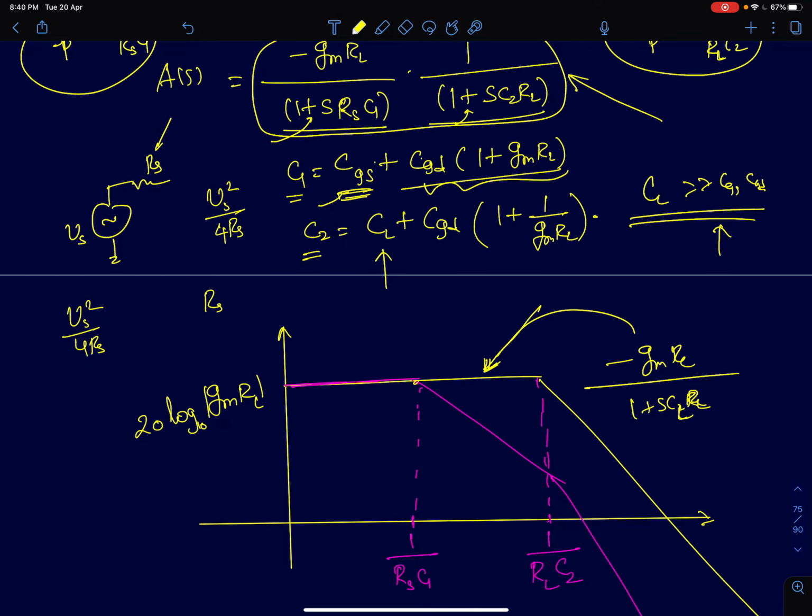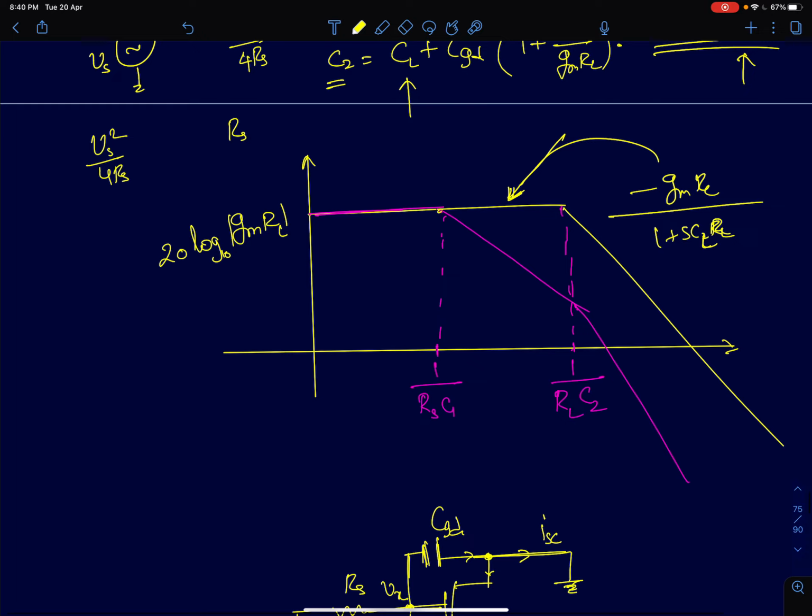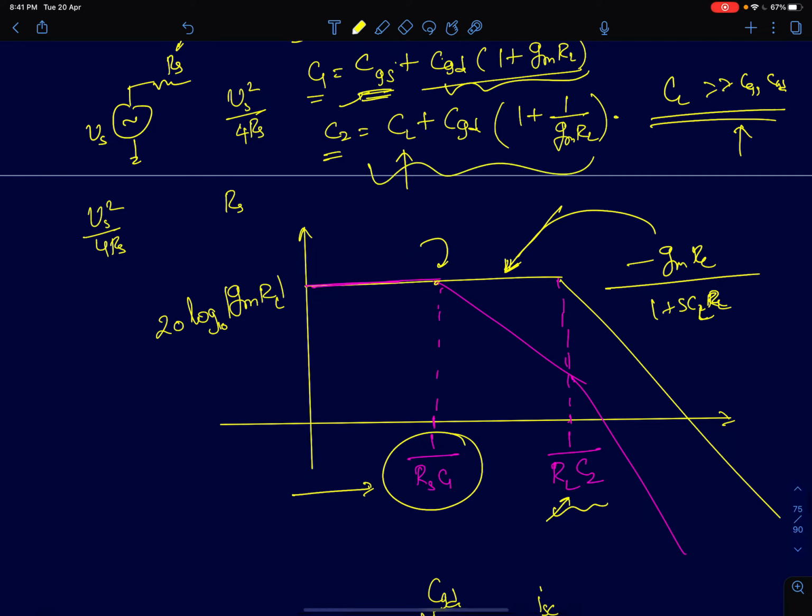Now in such a case, I'm going to get 2 poles. One will be at 1 by Rs C1, the other one will be at 1 by RL C2. Since I assumed Rs to be a really large value, the pole due to Rs C1 will come first. That will be a lower frequency pole compared to the pole at 1 by RL C2. Now you can see from this equation, C2 is equal to CL plus CGD into 1 plus 1 by gmRL.